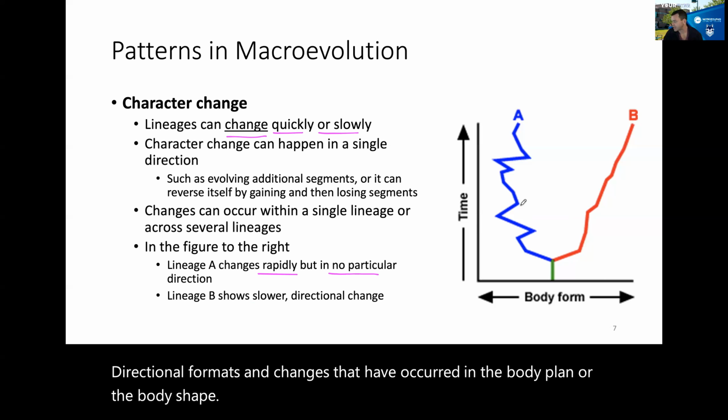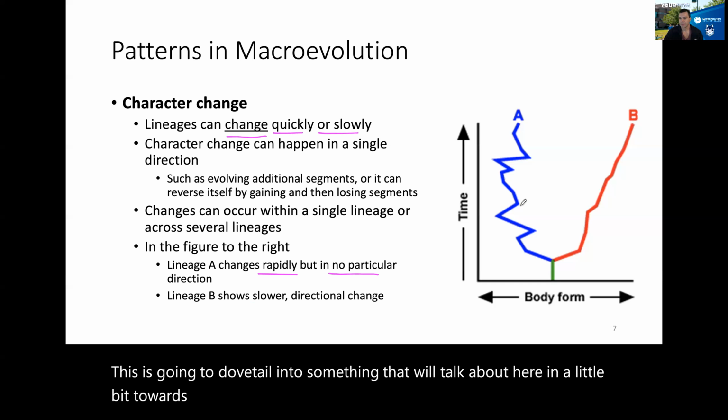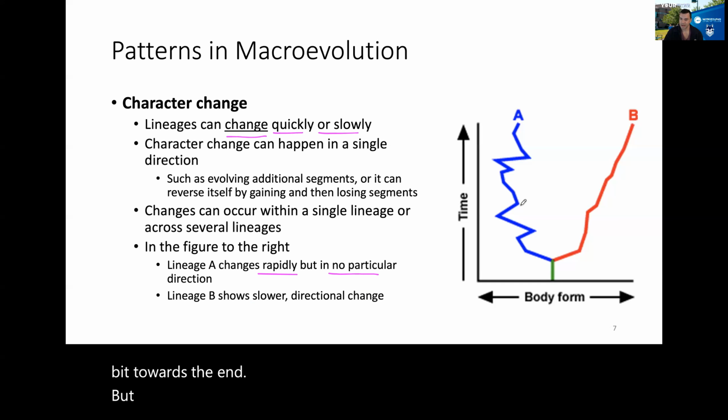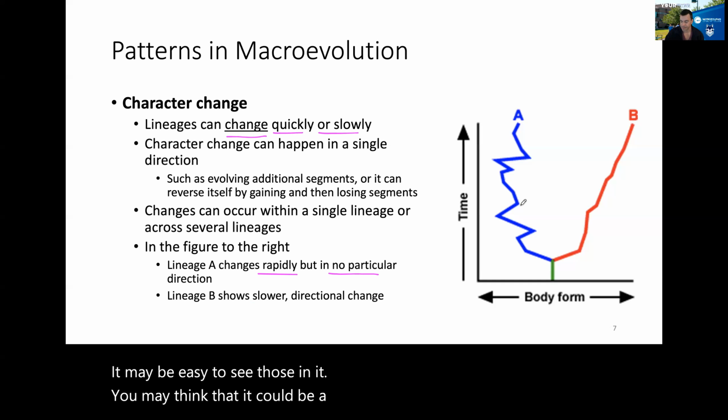This is going to dovetail into something that we'll talk about here in a little bit towards the end. But when you have very punctuated, rapid changes, it may be easy to see those, and you may think that it could be a whole different species, even though it's the same species.